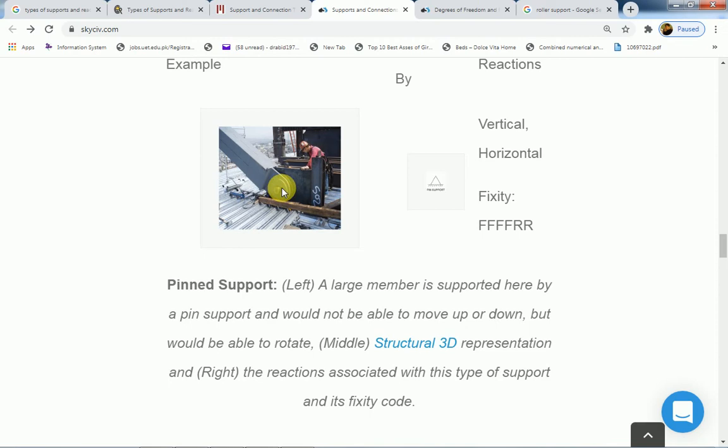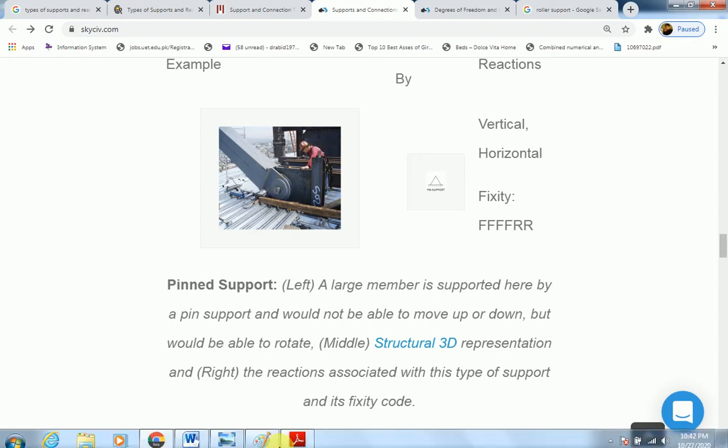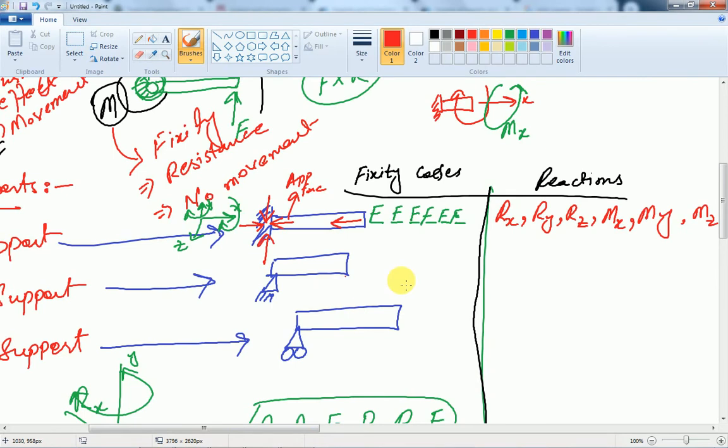All the translatory motions are constrained, are fixed in this pinned support. So we can write fixity code for the pin support as 1 2 3 4 5 6. So all the translation motions are fixed, fixed, and fixed.